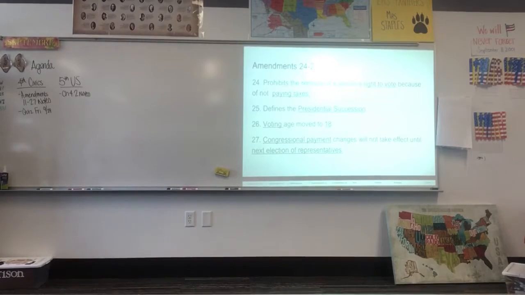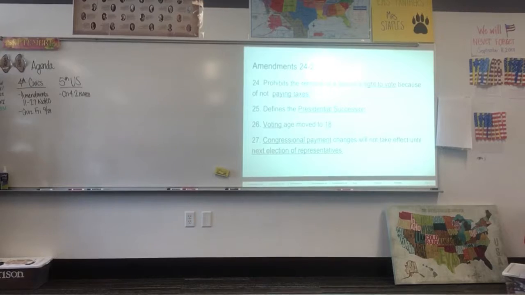Then if the Speaker of the House dies, the Senate Majority Leader would take over. And if he dies, you can go online and research presidential succession, and it gives you all the way down to President Melissa Staples. I can't be president, I'm not 35 yet, almost. So it'll give you presidential succession.